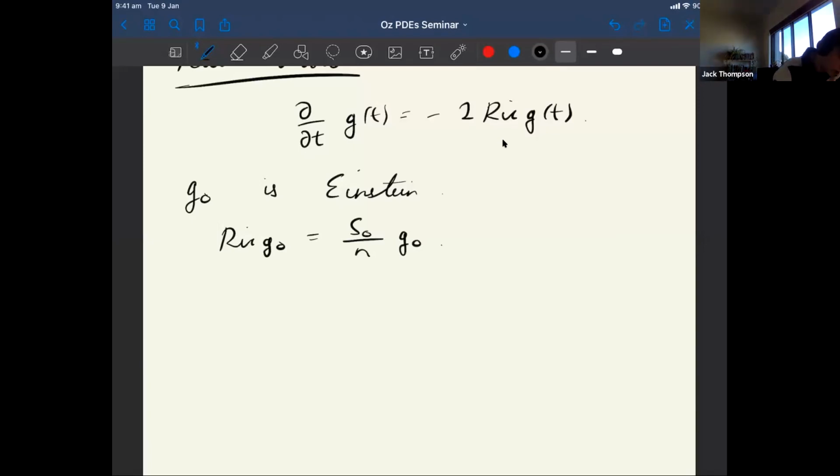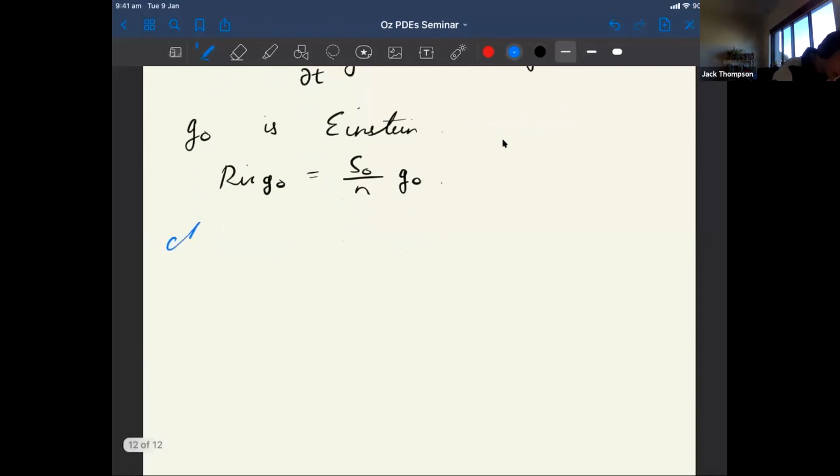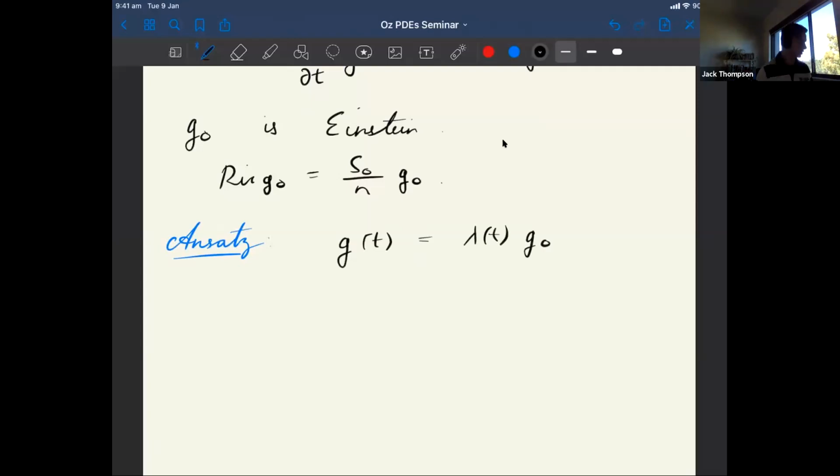So we're going to make an ansatz that our metric is equal to lambda(t) g0.